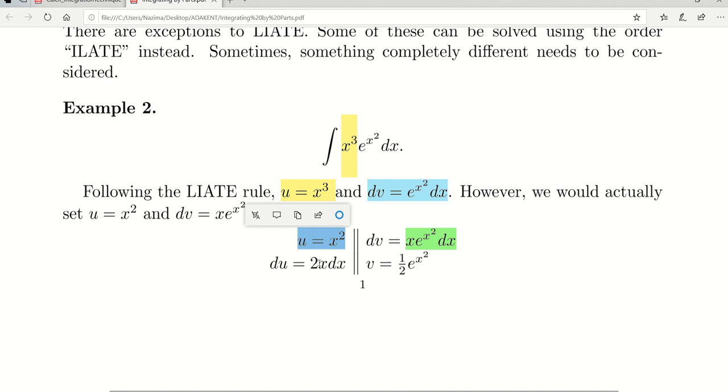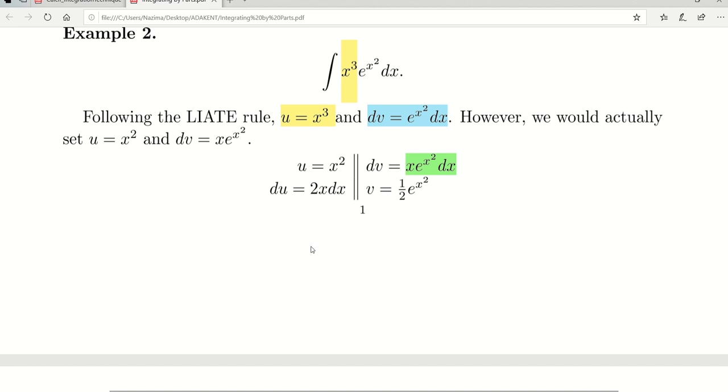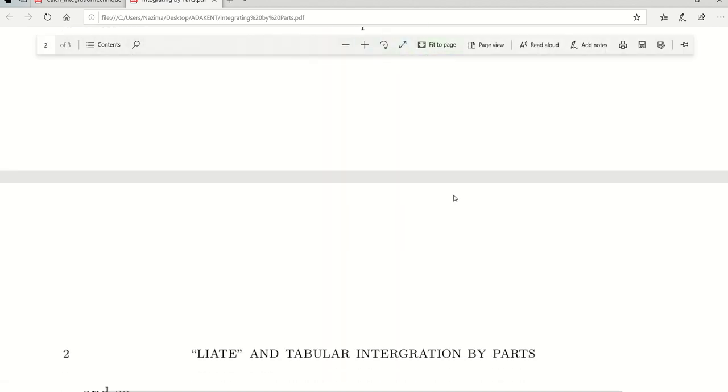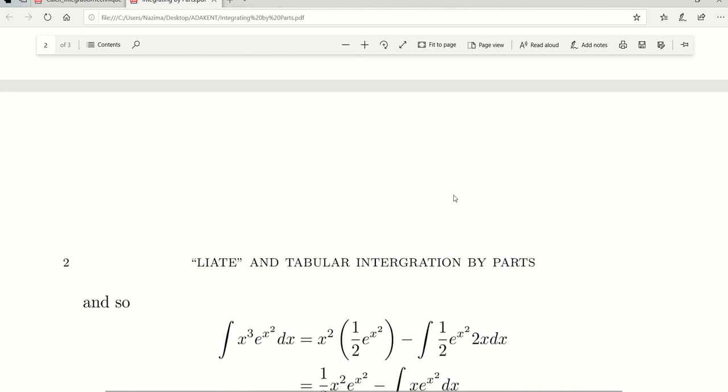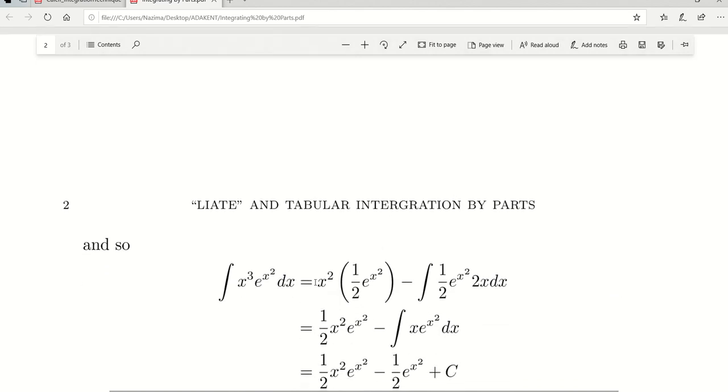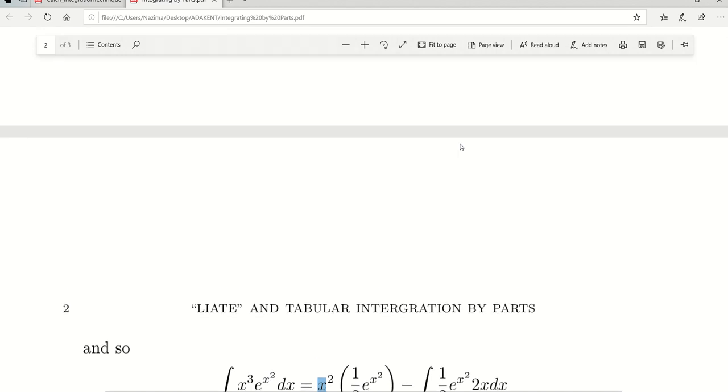So we take the derivative of it and it becomes 2x. Now we can apply the same formula and we get this x squared times 1 over 2 e to the power x squared. Yes, here. This is x squared, this part that you can see here, uv. Okay, and we are going to subtract this blue part from that.